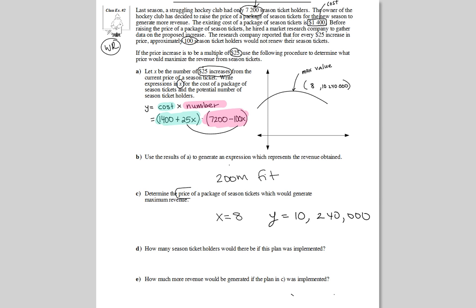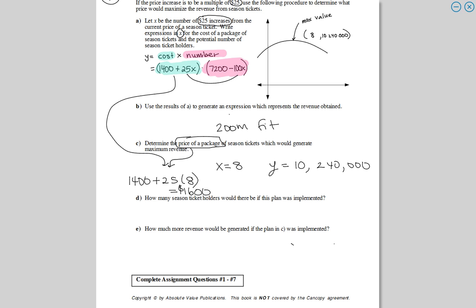So it wants the price. So that's this green stuff. So 1,400 plus 25 times 8. So adding 200, so it's 1,600 bucks. For every increase in price, they did it 8 times 25.